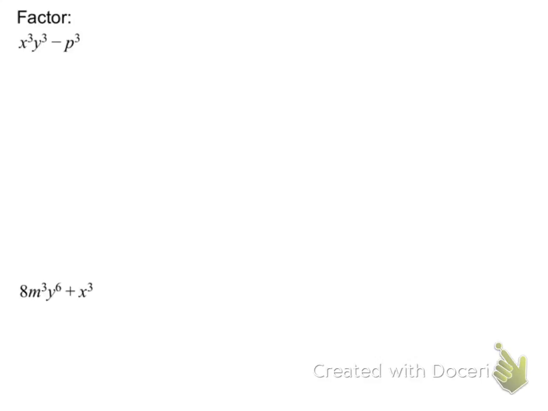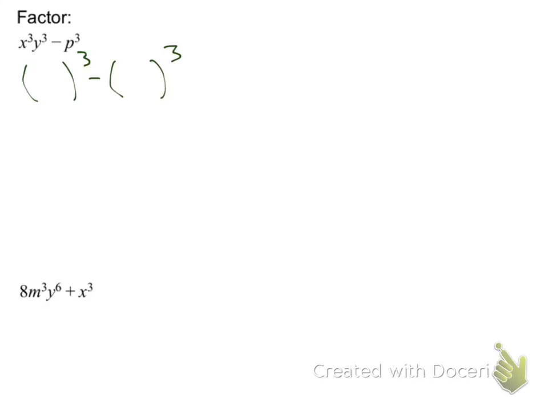First problem that we are going to attack here is x cubed y cubed minus p cubed. What we need to recognize, there are 2 terms, and the 2 terms are perfect cubes. Because x cubed y cubed is a perfect cube, and p cubed is a perfect cube. So, set it up. Something cubed minus something cubed. I chose minus this time because there's a minus sign.